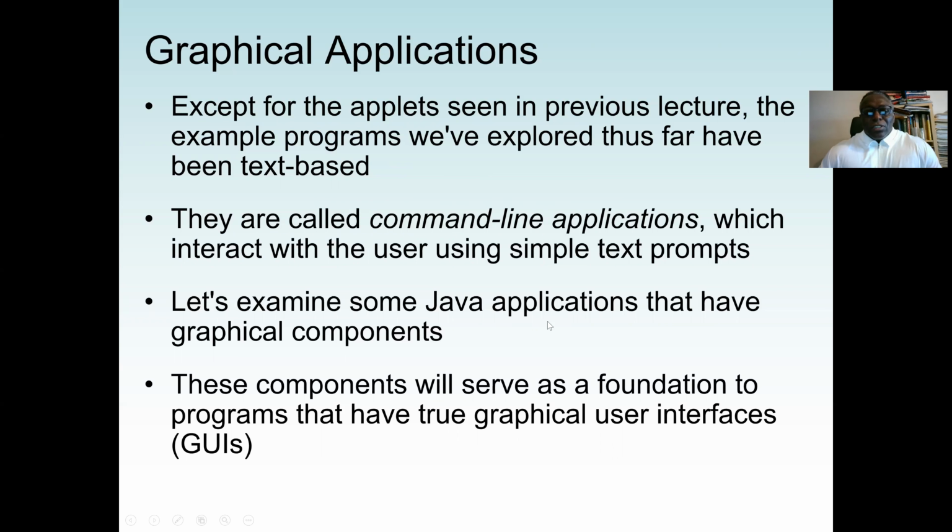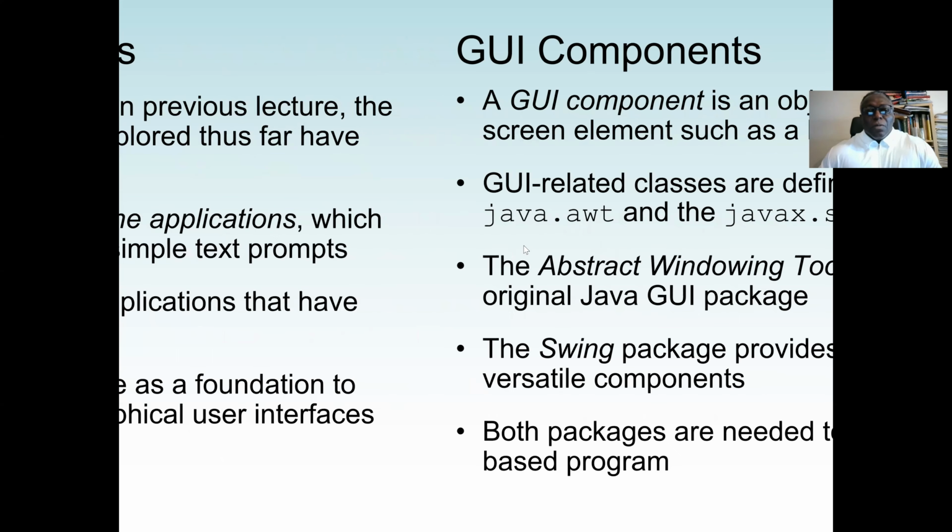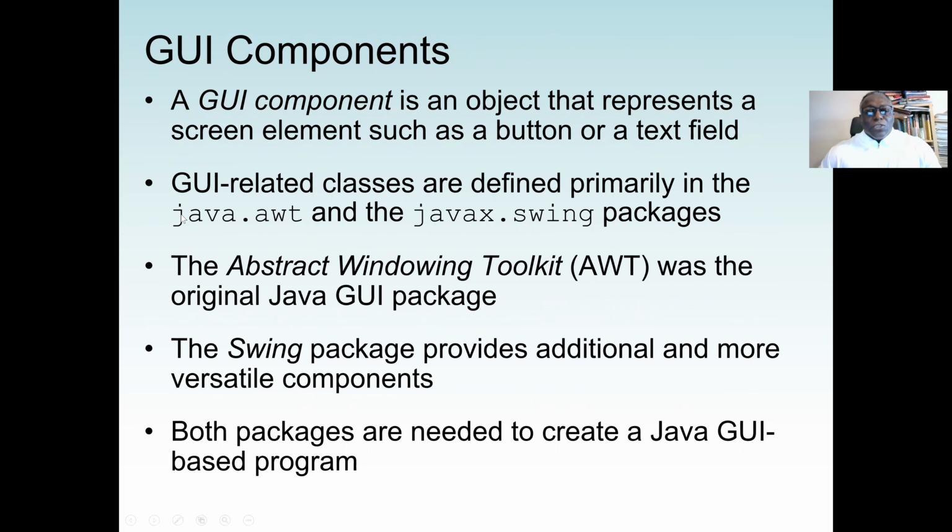Those components we will go through, we get them from, again, the Java Abstract Window Toolkit. So the GUI-related classes are defined primarily in Java AWT. AWT stands for the Abstract Windowing Toolkit, or sometimes we say Abstract Window Toolkit.